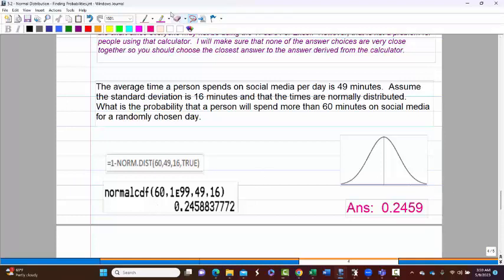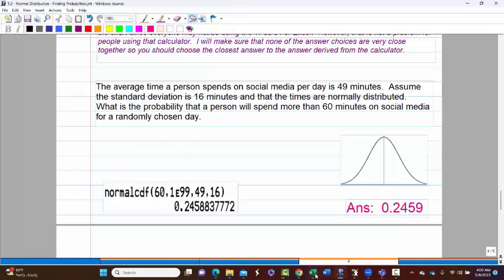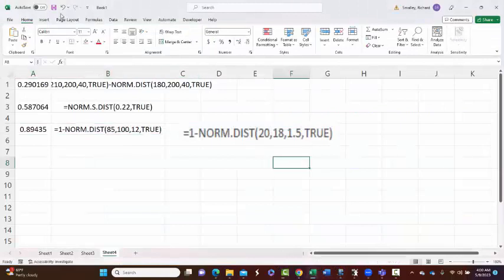Calculator, start with 60, go to 1e to the 99 for positive infinity, 49 and 16, 2458 or 2459, and we can check the norm dist here. I'll just cut that out and paste it because I'll just paste the new one with the answer.